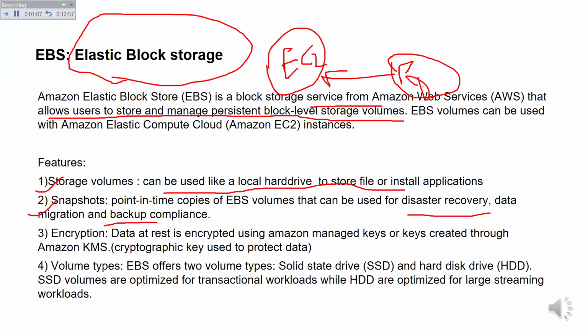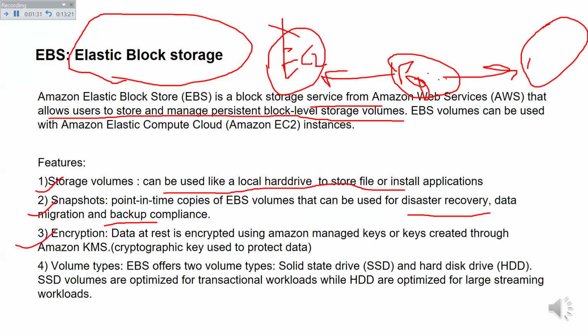In the case of DR, if this EC2 instance crashes or gets terminated for some reason, you can attach this EBS volume to a different EC2 instance, and it will have the same data it had, correct? So you can have a backup plan or a disaster recovery plan.